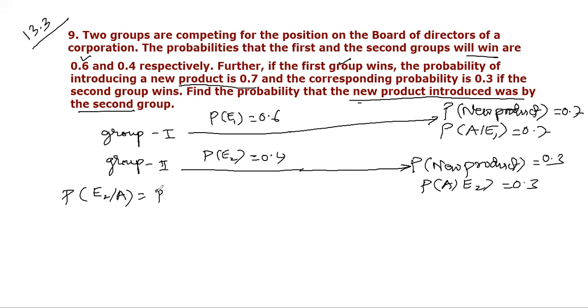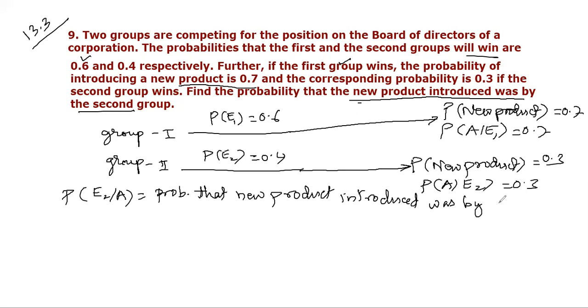So this is the probability that the new product introduced was by the second group.